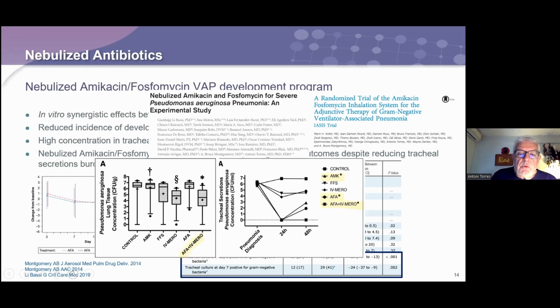What we found is that the burden of Pseudomonas in lung tissue was lower when we combined amikacin-fosfomycin plus IV meropenem, but especially this was observed in tracheal secretions, indicating probably that nebulized antibiotics do not modify the lung bacterial burden, and instead they can decrease the bacterial load in the airway.